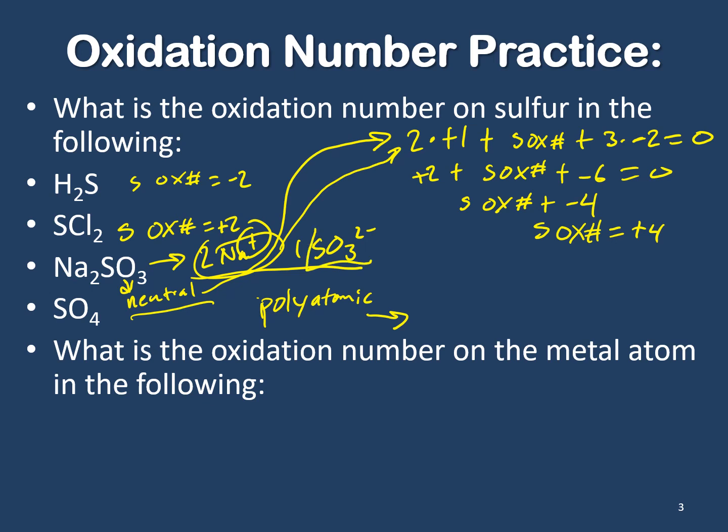However, I could have just looked, and I'll do this in a different color, at the sulfite, right? I know that SO3 2-, the sulfur's oxidation number, plus 3 times -2, which is oxygen's oxidation number, has to add up to -2, the charge on my ion. And I could have solved it this way as well.